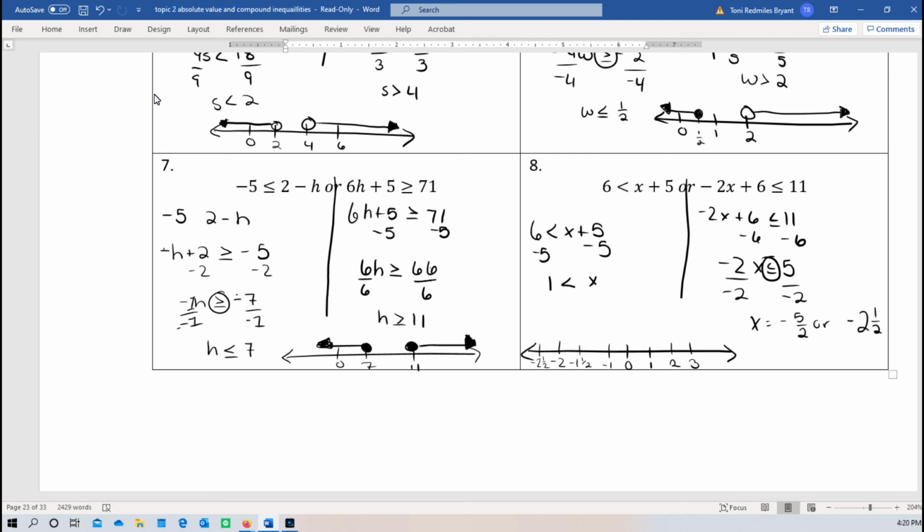All right, so x is on the greater side. So it's all the values at 1 to the greater, which is on the right. And on this one, it's -1.5, and I have to flip it, greater than or equal to, so it's filled in.